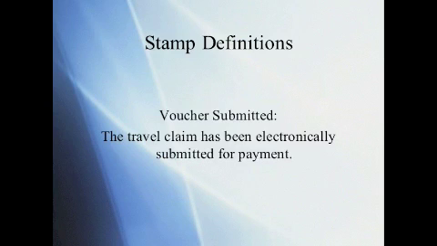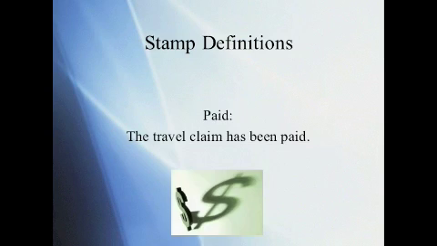This happens to let you know that the voucher is going to be paid. When you see this stamp on the status stamps, you know within the next, could be 4 hours, it could be within definitely 24 hours, that voucher or travel claim is going to be paid.